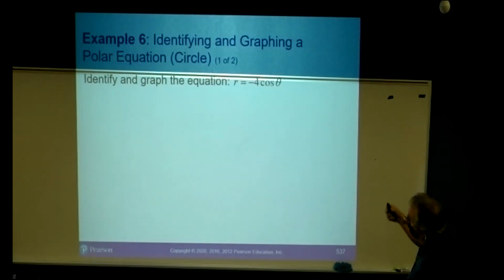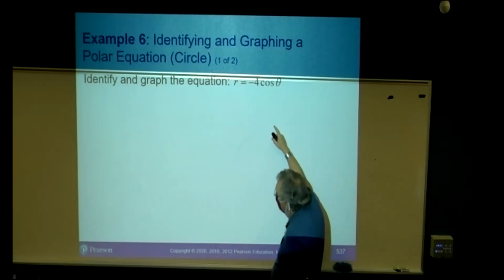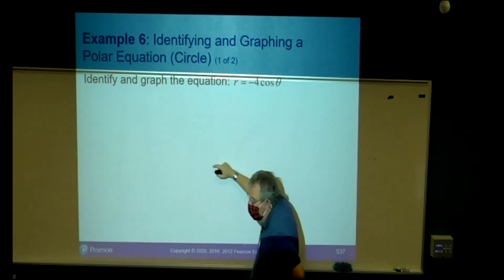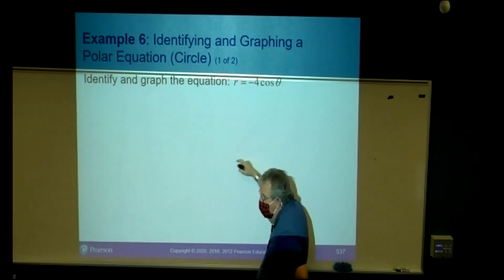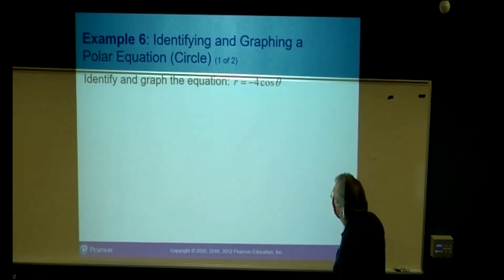And so this one is done in the same way. It just tells me that it's going to be on the x-axis, but it's going to be where the center is on the negative side of the x-axis.